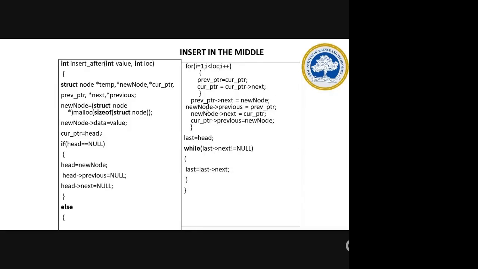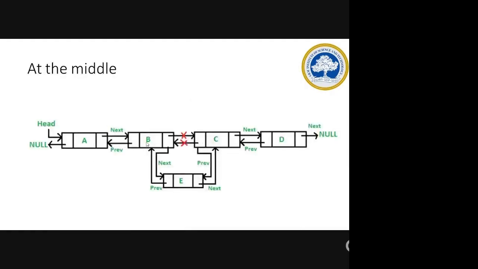Once the location is found, B will be called the new previous pointer, C is called the current pointer, E is called the new node. So in terms of B, C and E: B's next is E, E's previous is B, and E's next is C and C's previous is E. But you cannot write in terms of data, right?